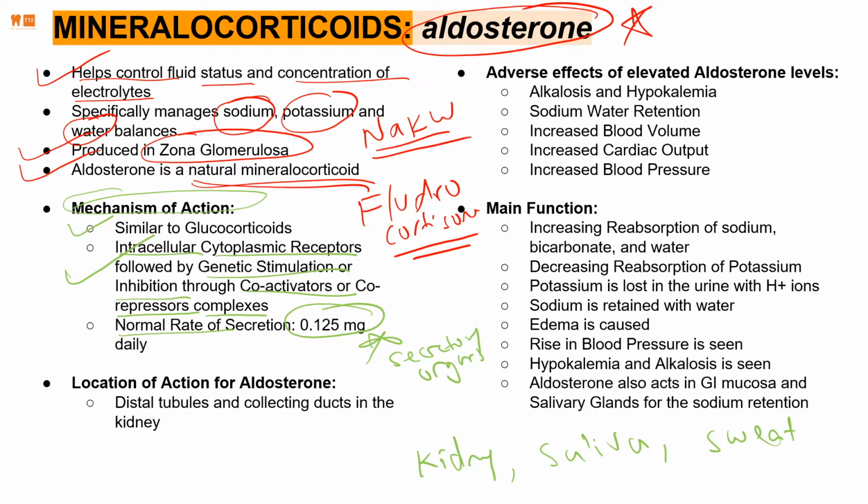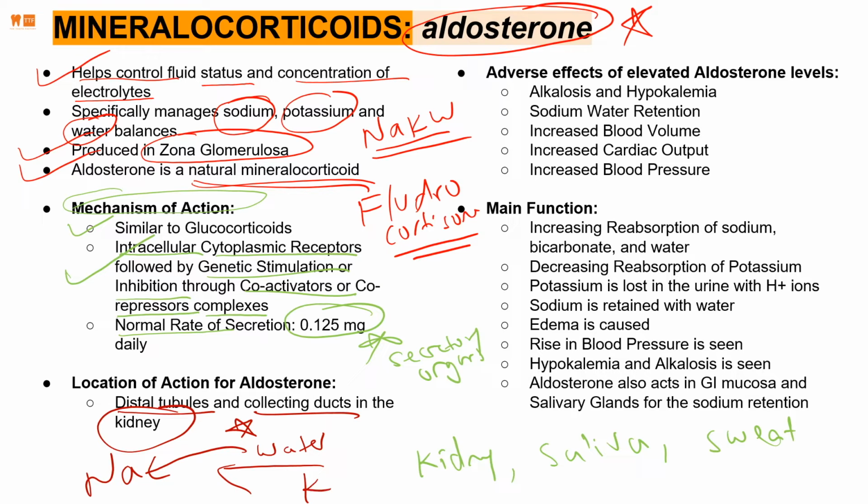Okay. Location of the action, distal tubules and collecting ducts of the kidney. Why? Because water, sodium, potassium, they tend to leave in the kidney. They excrete themselves out of the body, right? And that's where aldosterone goes and says, no, sodium, you can come with me. Water says, okay, I'll follow my best friend. But potassium can leave the body.